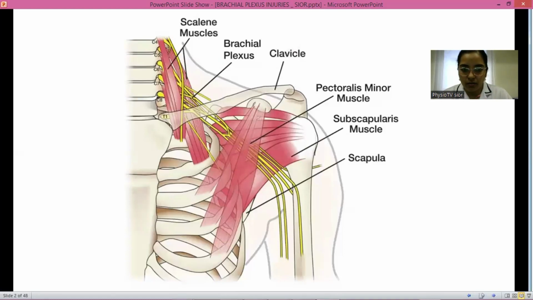The roots are C5, C6, C7, C8, and T1. They originate from the spinal cord, are distributed from the neck, and go down to supply the upper limb muscles. Proximally, the brachial plexus has the scalene muscles, and distally you will see the clavicle and the pectoralis muscle.